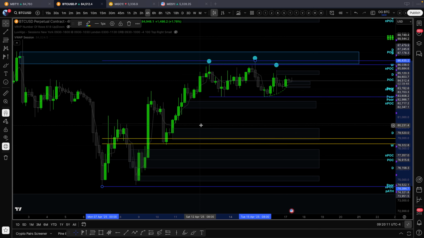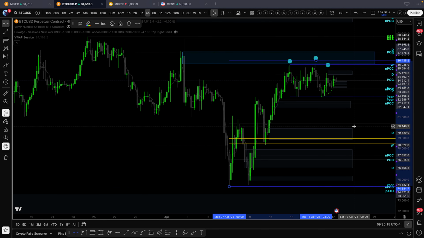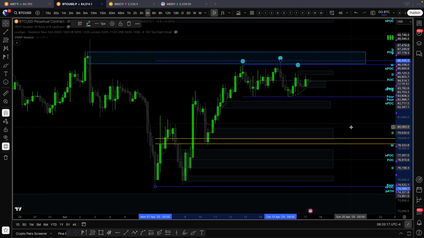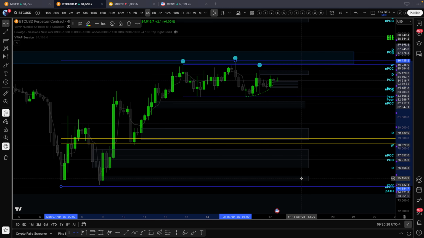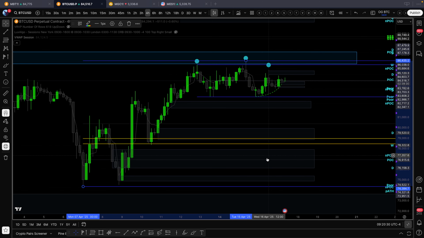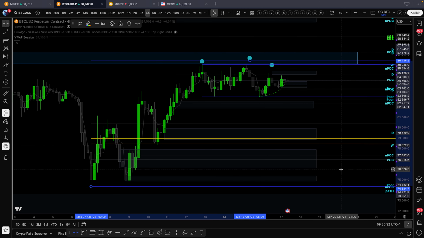We don't really have anything that interesting at the 0.5 or the equilibrium of this range. We do have the golden zone, which has two order blocks here. And then we have the most extreme demand, which sometimes can set off a very nice long if it just wants to wipe out all the remaining demand here.